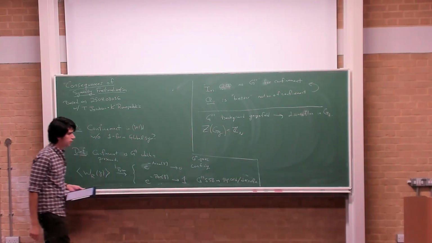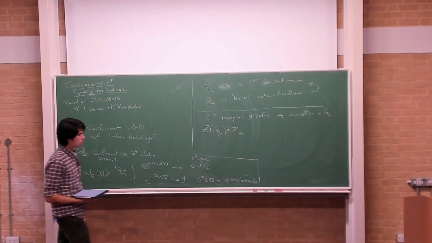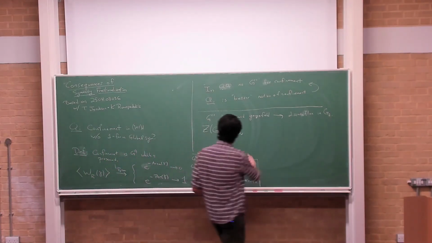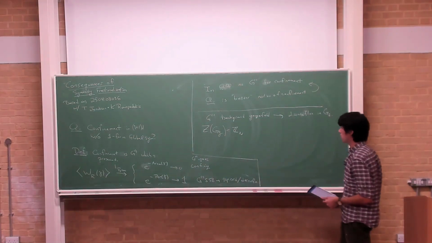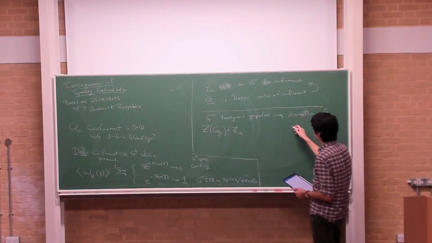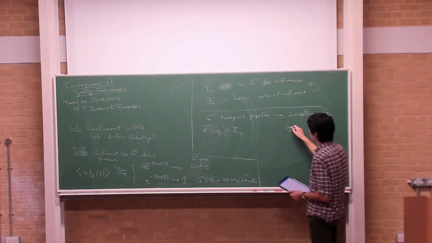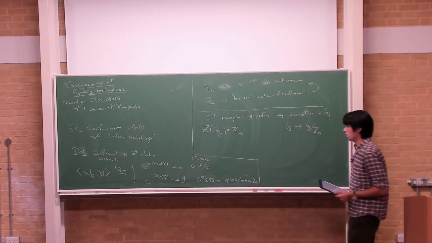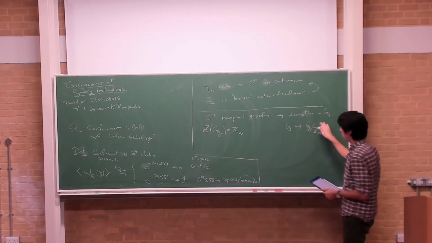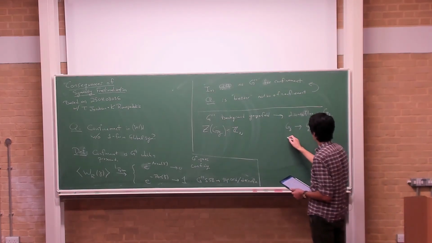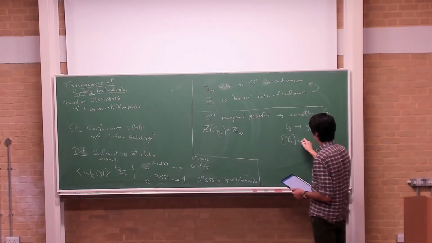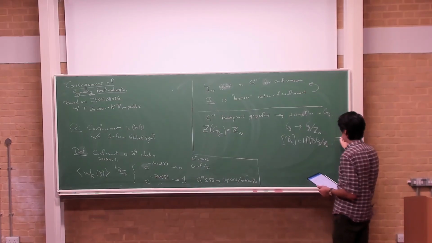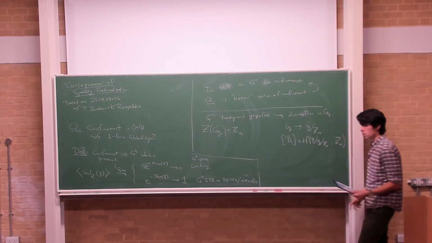I'll just take this as a simplification, although everything generalizes for more general centers. So we know in this scenario that when you turn on a discrete flux, what you're actually doing is going from some G gauge theory and restricting to some G mod Zn gauge field with a fixed obstruction class, which I'm going to call B2, which is cohomologically classified by BG mod Zn with values in Zn. So this is what we mean by turning on some discrete flux.